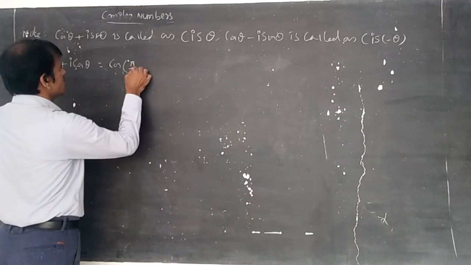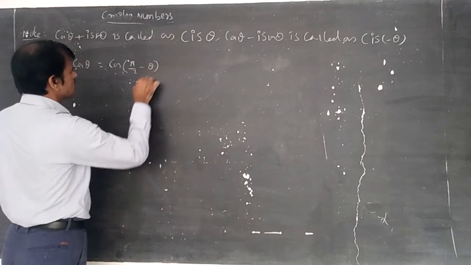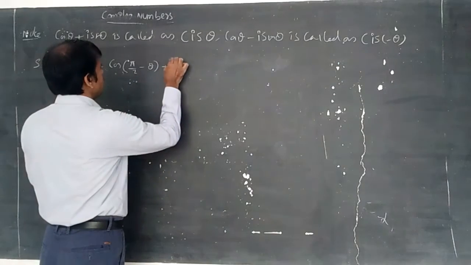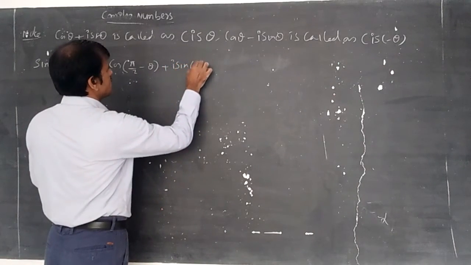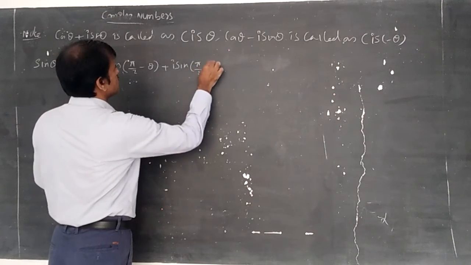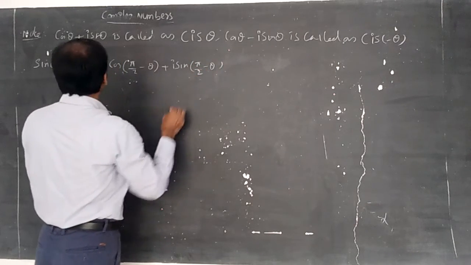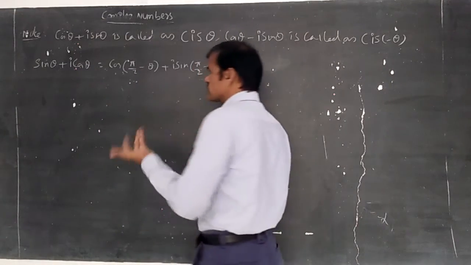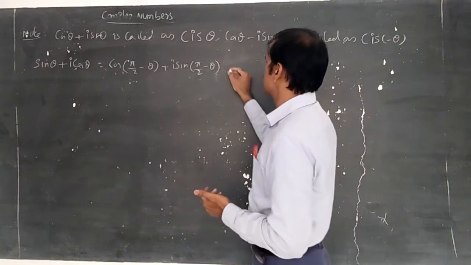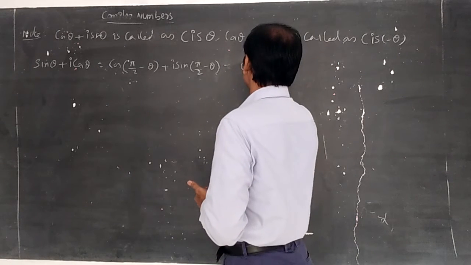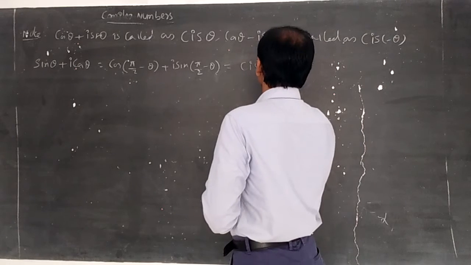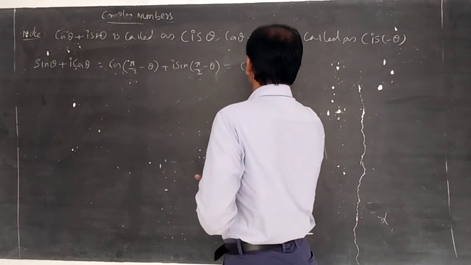Write it like this: cos of pi by 2 minus theta plus i into sin of pi by 2 minus theta. Even though it is given in terms of sin first, we should convert sin into cos. It is called cis of pi by 2 minus theta.